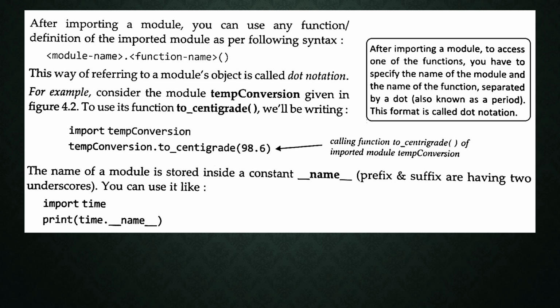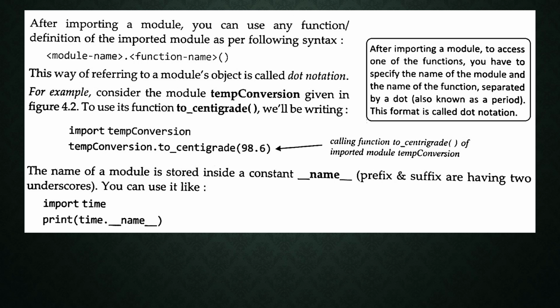Here there are two forms. One is to import the entire module: import, and the module name. And the second one is to import a selected object from a module.